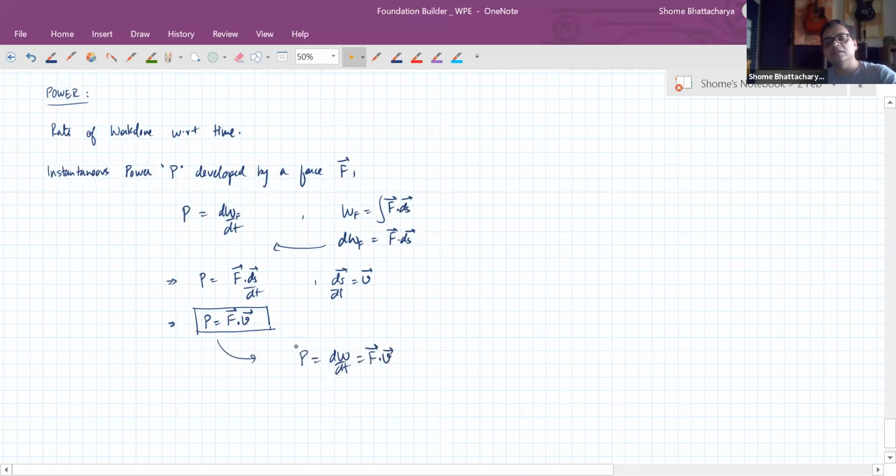This is the instantaneous power delivered by a force F, where V is the instantaneous velocity of the point of application of the force.